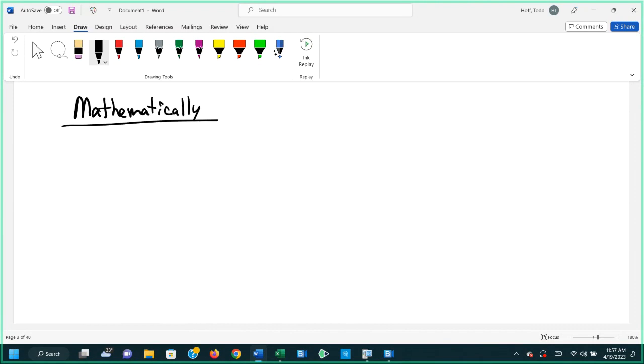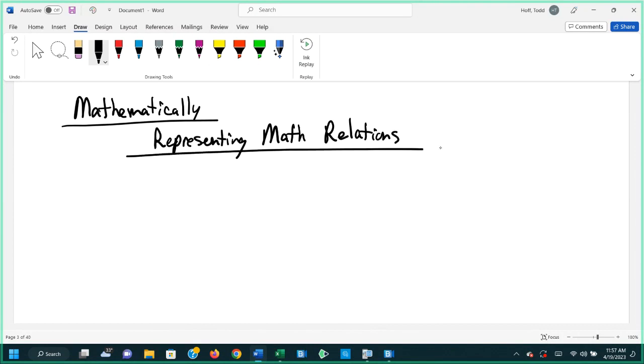So mathematically, what we're looking at is representing mathematical relations. Now, the word relations sounds like relationships, and it kind of is. All a relation is, is a rule that connects one set to another.